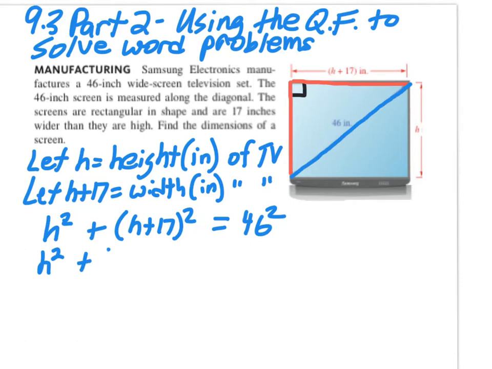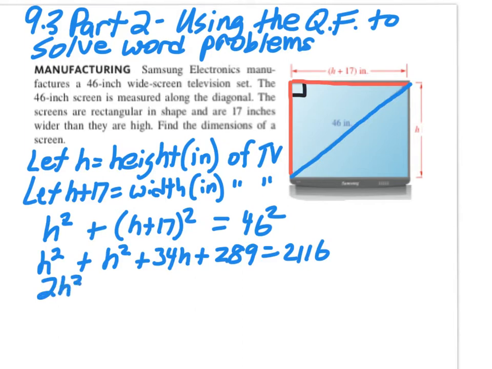When I square this binomial, I get h squared plus 2 times the h times 17, so that's 34h plus 17 squared, which is 289. And then I'm going to square 46, which is 2116. That will give me 2h squared plus 34h plus 289 equals 2116.